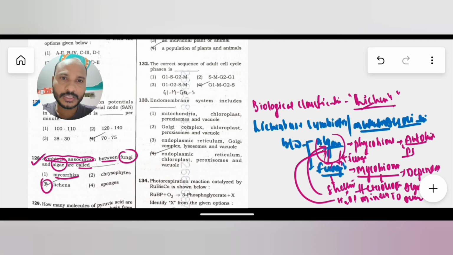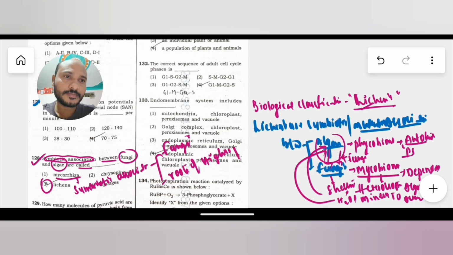Mycorrhiza is also given in the options. So what exactly is mycorrhiza? Mycorrhiza is also a symbiotic association, between fungi and the roots of higher plants. The fungi provide mineral nutrition to the roots of higher plants, and in turn the higher plants provide nutritious food to the fungi.